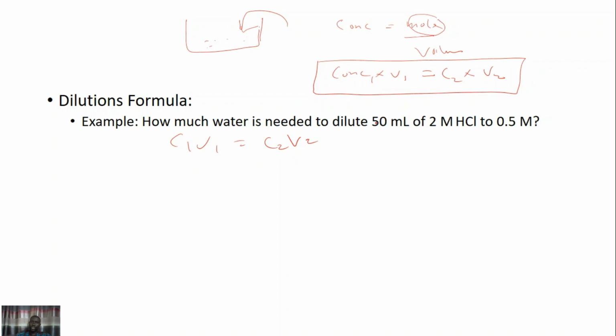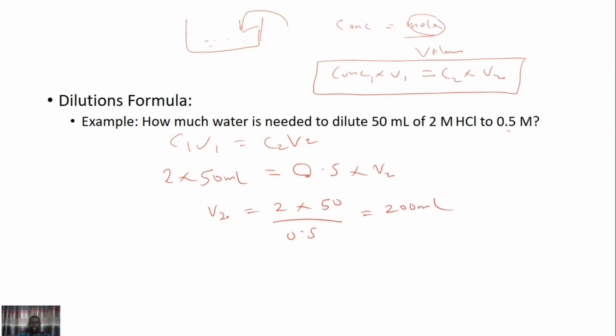The initial concentration is 2 molar times the initial volume, 50 ml, is equal to the final concentration that we want to get, which is 0.5 molar, times the final volume. So the volume V2 will be equal to 2 times 50 divided by 0.5, which will be equal to 200 mL.